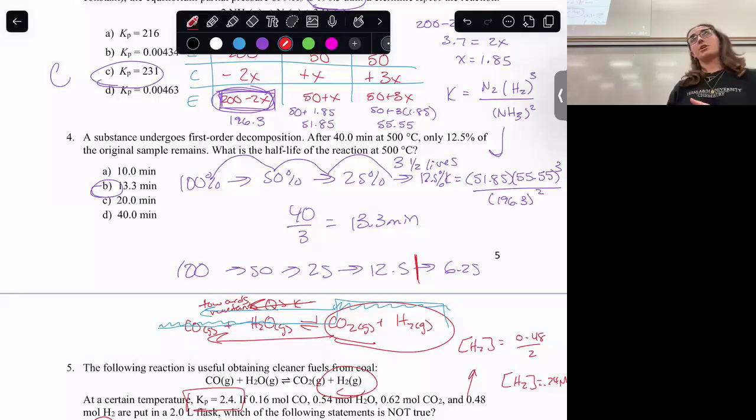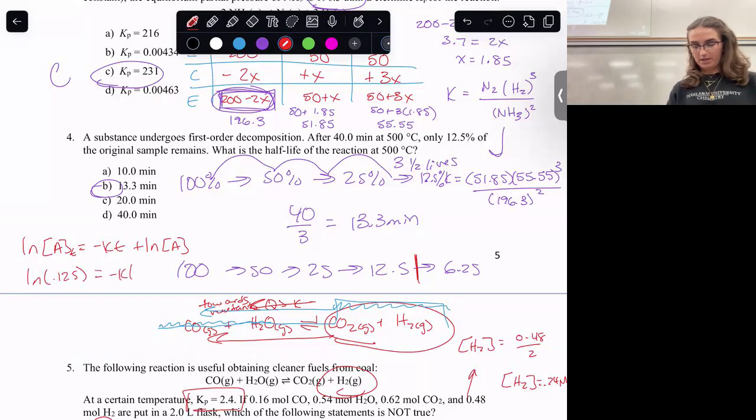The hard way is with your integrated rate laws. So I would do the ln of A_t is equal to negative kt plus ln of A_0. And I would then plug in 0.125, k times 40, plus the ln of 1.